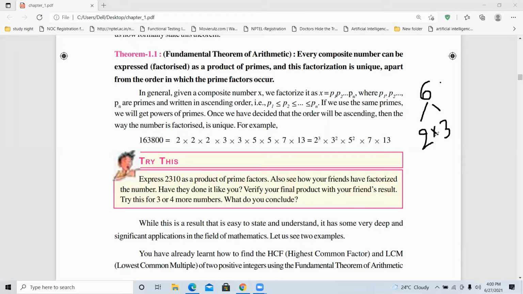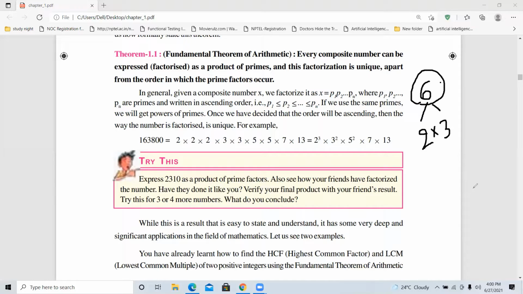How to express a given composite number like this? In my previous video, I explained the prime factorization. So, using the prime factorization, we can express the given composite number as the product of primes.